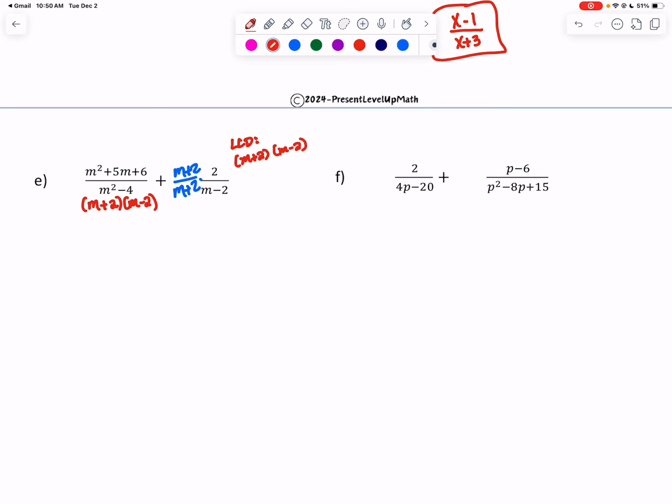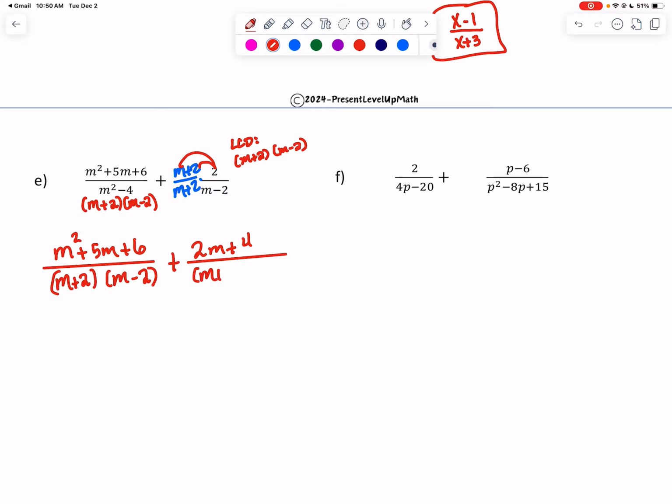So my first fraction is going to stay the same: m squared plus 5m plus 6 all over the LCD, which is m plus 2, m minus 2, plus. For your second fraction, we're going to multiply everything by m plus 2. So that would be 2m plus 4 over the LCD, which is m plus 2, m minus 2.